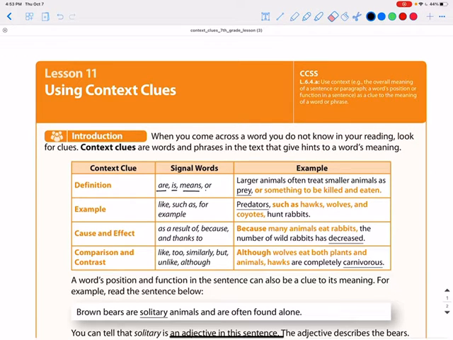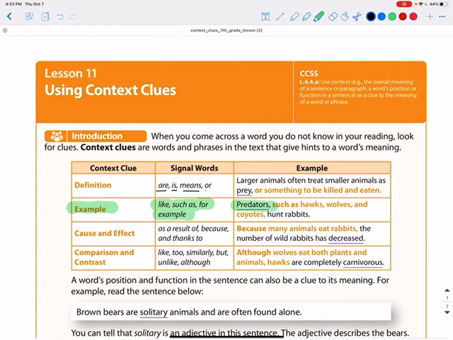Now I'm going to go over example with you. Sometimes context clues are given for as an example, like, such as, for example. So like, such as, or for example are words that they use to give examples.